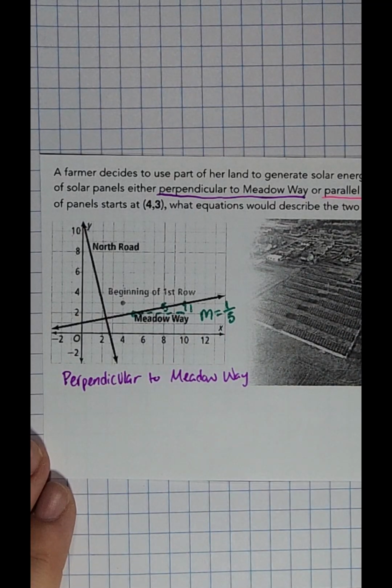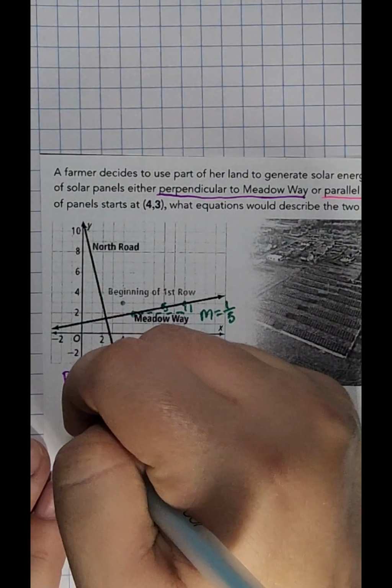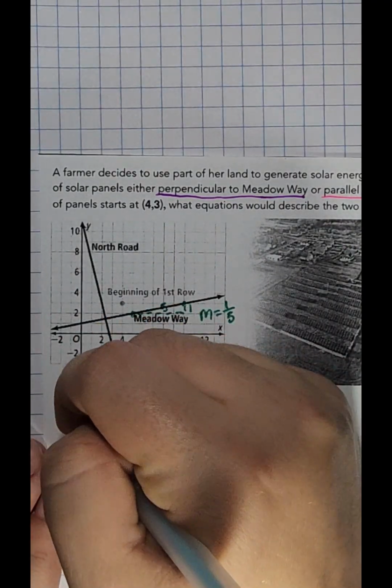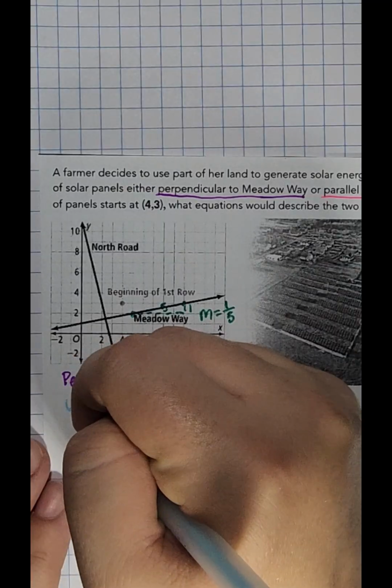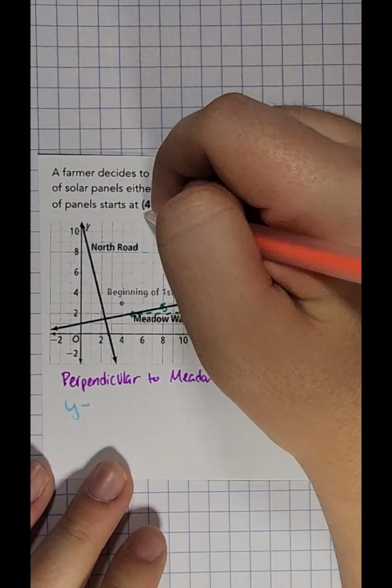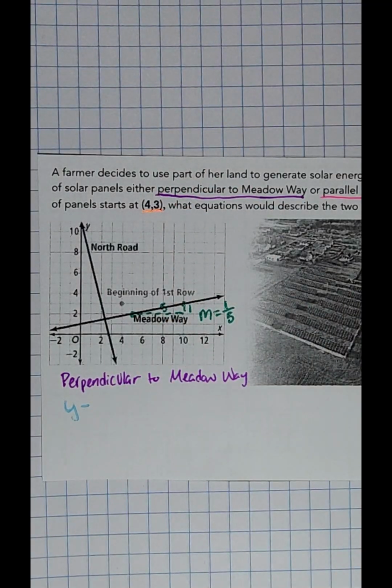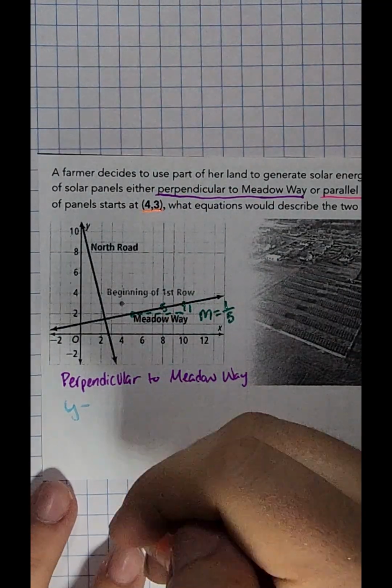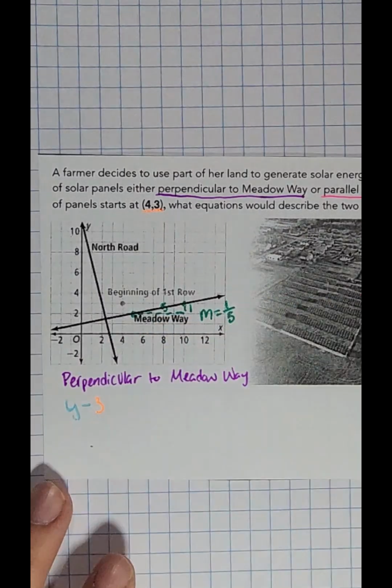So if we want to be perpendicular, then we're going to have our point slope form, y minus the y coordinate from the point that we are passing through, which in this case, that would be a 3. So I have y minus 3.